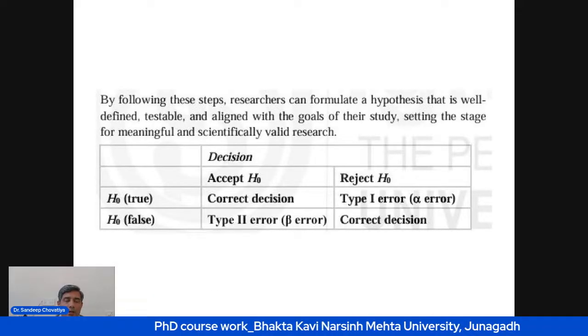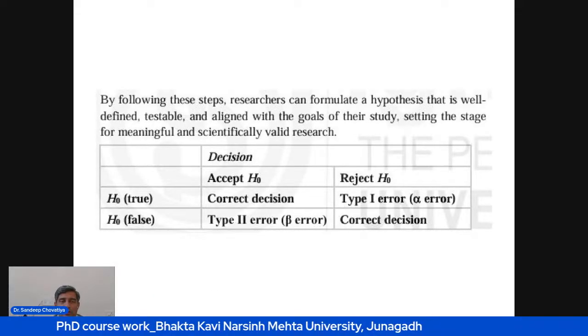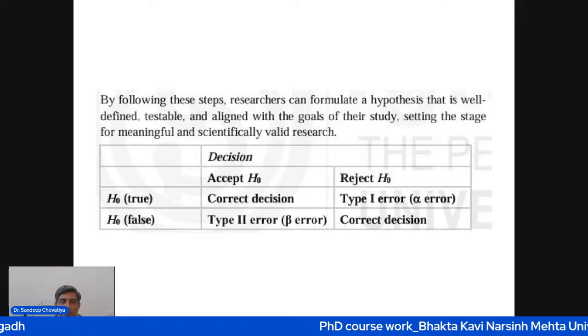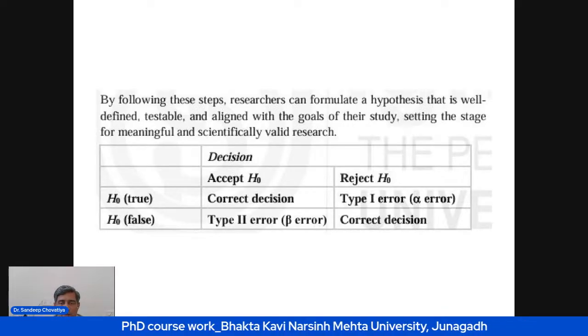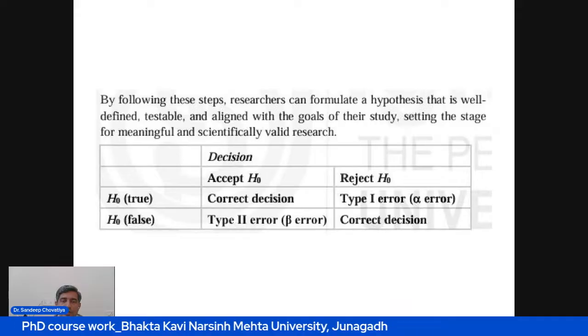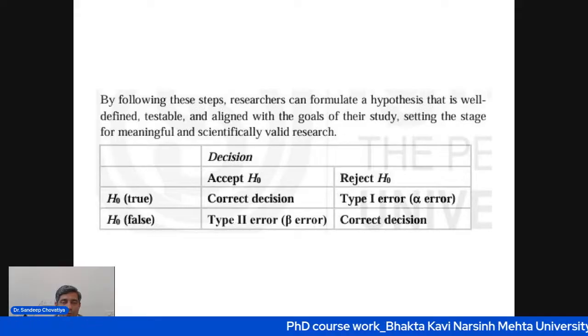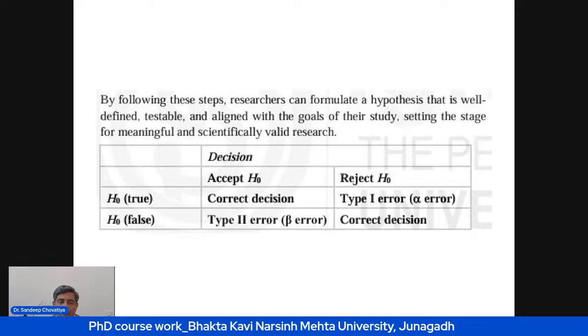Whenever we are discussing testing of hypothesis, we keep in mind this specific table. Later on, we will discuss this once again, but at present we simply discuss this. If our hypothesis is true, then we accept it, which is a correct decision for us.